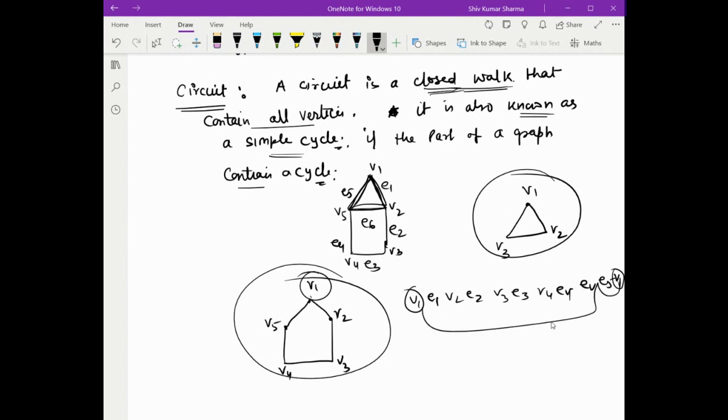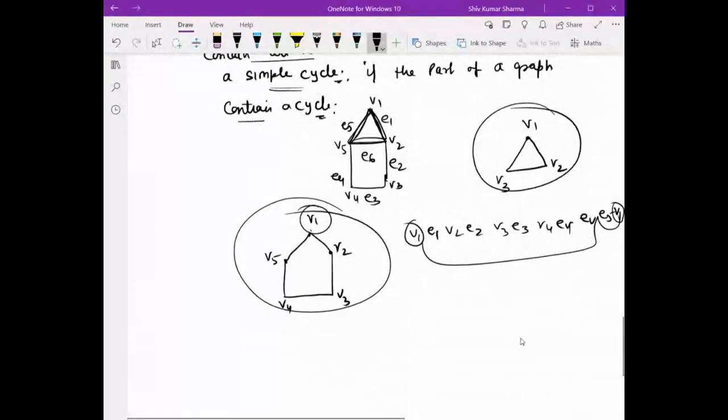So this is an example of a closed walk and also an example of the circuit. So a closed walk is said to be a circuit. Just remember, which makes a circuit form, any graph, we write as a part of the graph containing a cycle. So it is also an example of a cycle graph or circuit.